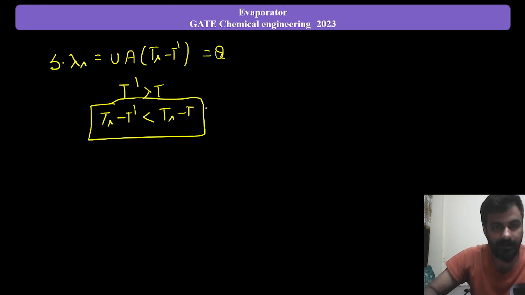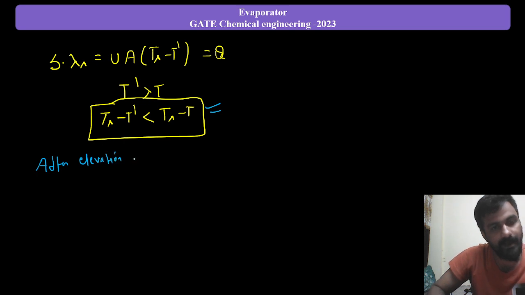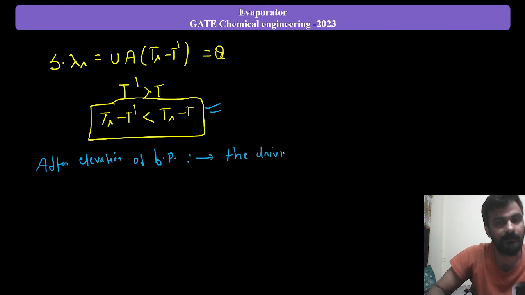That will be correct. Now, if TS minus T dash is less than TS minus T, then after elevation of boiling point, we can say the driving force will get decreased.